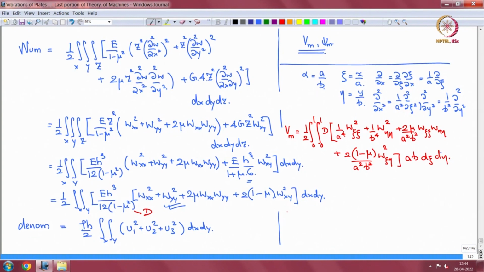So, that is equal to 1/2 integral 0 to 1, d a b by a fourth, divide by a fourth outside, multiply by a fourth inside.